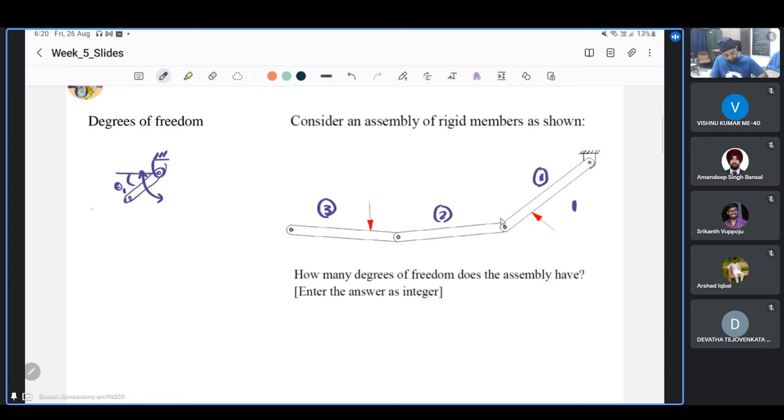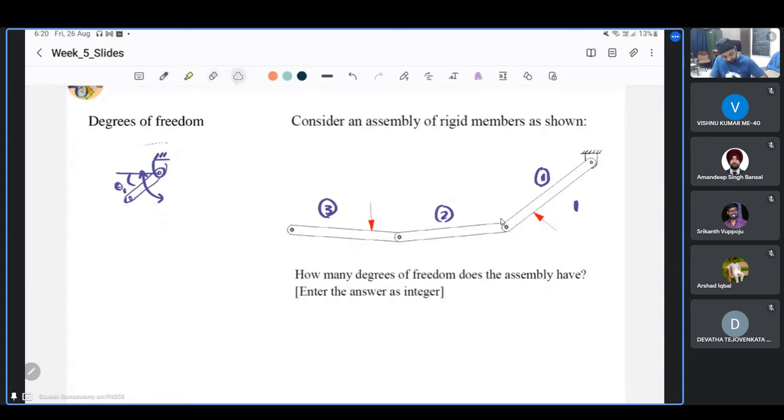Now we'll go ahead and attach the next link to that and fix this entire system that we have analyzed. So what are the things that we are fixing here? We are fixing the hinge and we are fixing this first member.